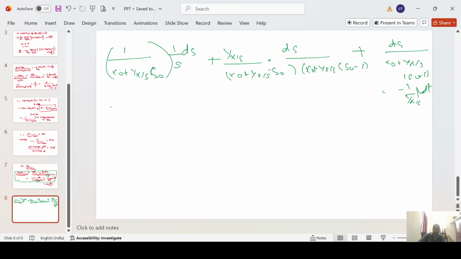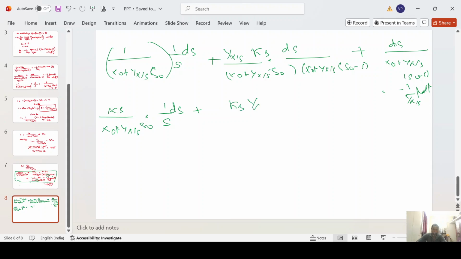So how we could take this is 1 by x naught plus yx by s s naught, let it be, into 1 by s into ds plus, we'll take the common term. Common is going to be, here one ks is missed, here is also ks is missed.